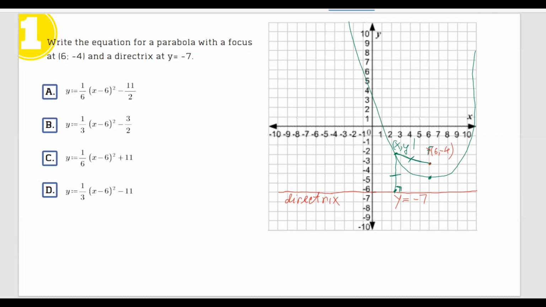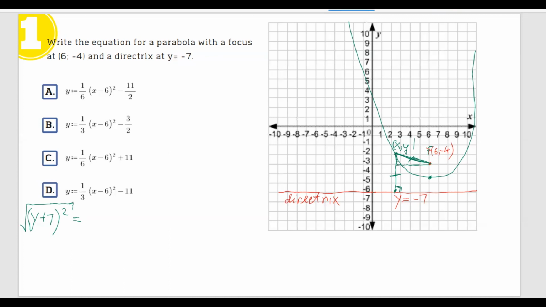So we're going to have y minus minus 7, which is y plus 7. And I'm going to square this and take the square root of that to avoid getting a negative number.